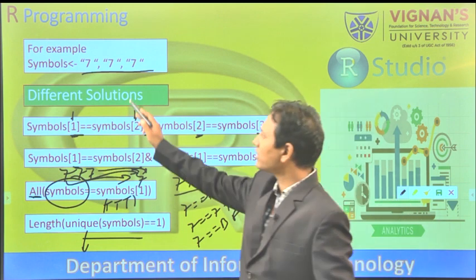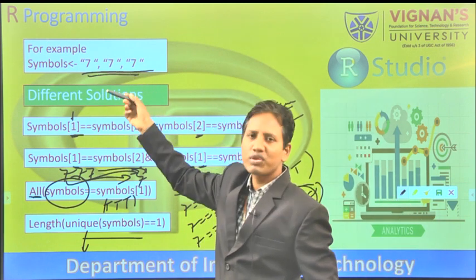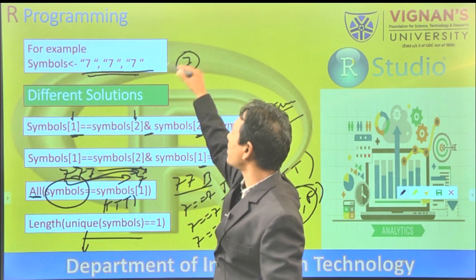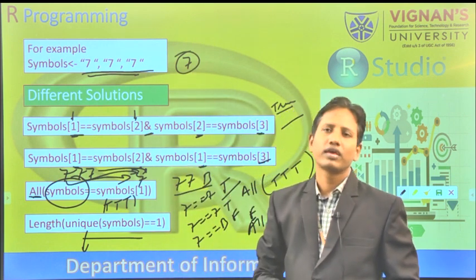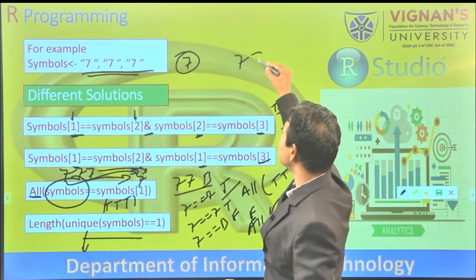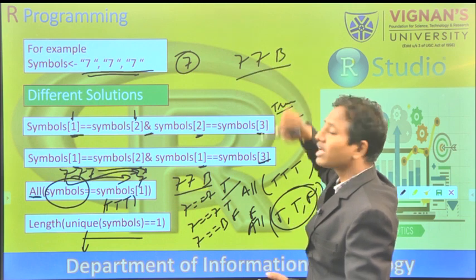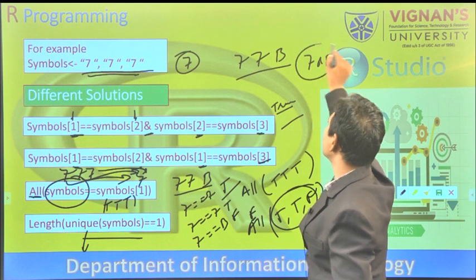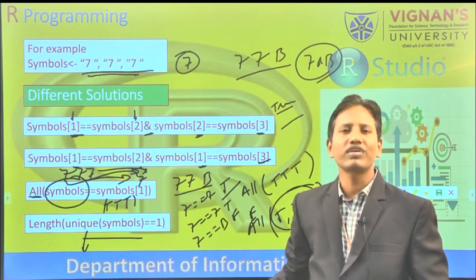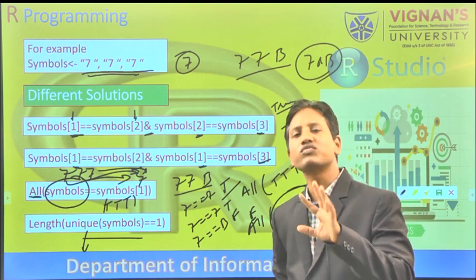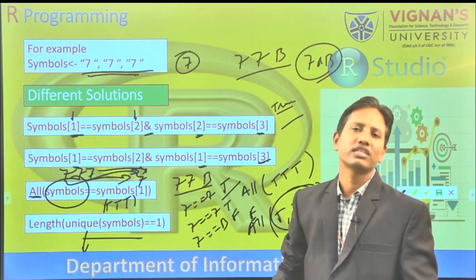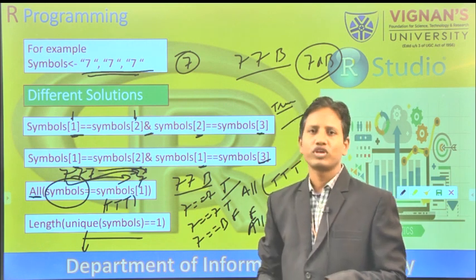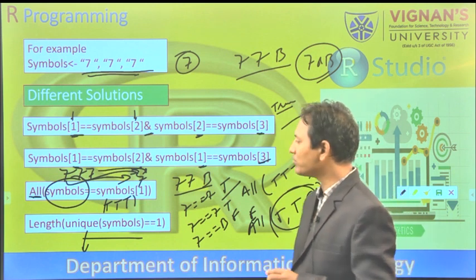For example, in 777 the unique value is only 1, we have 7. But in case of 77B, the unique values are going to be 2, one is 7 and the other is B. And if the unique values are not 1, that is more than 1, then obviously the symbols are not the same.